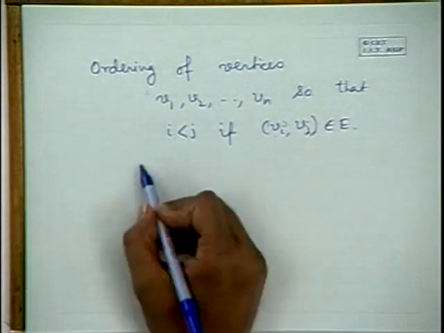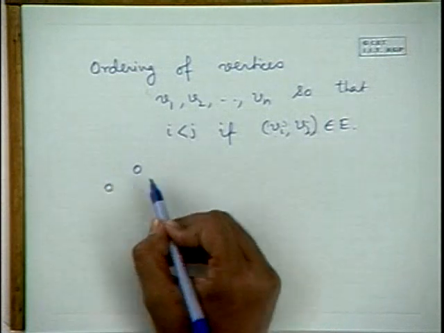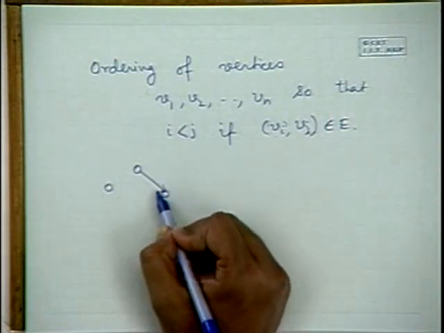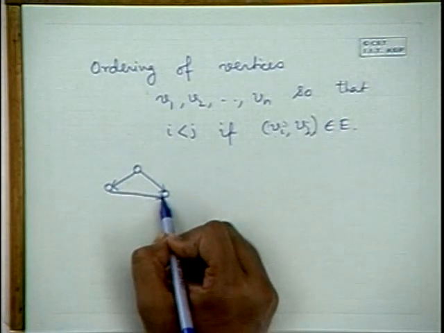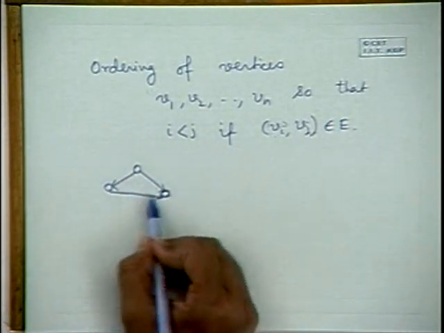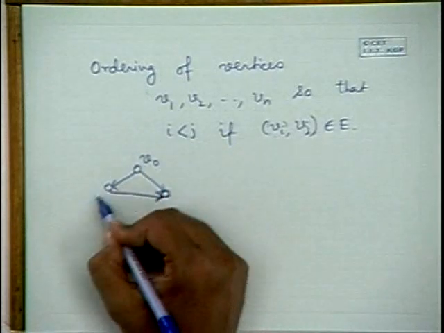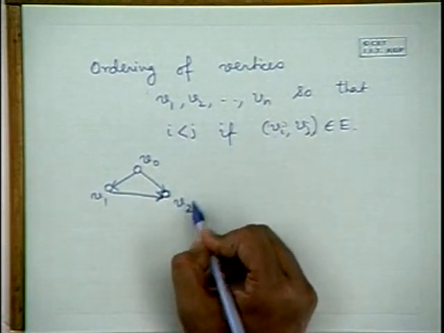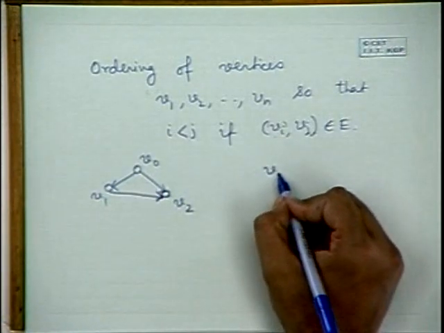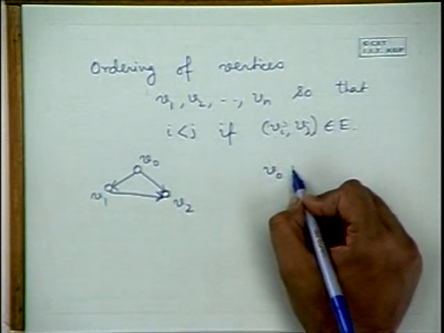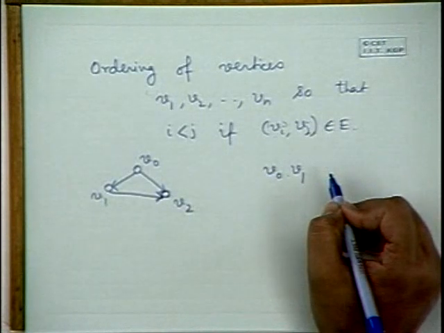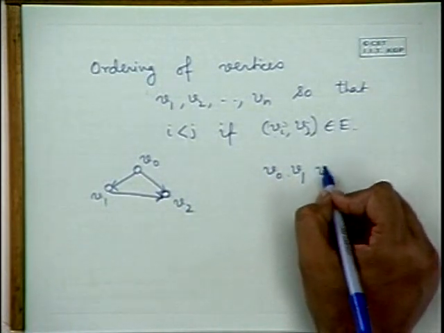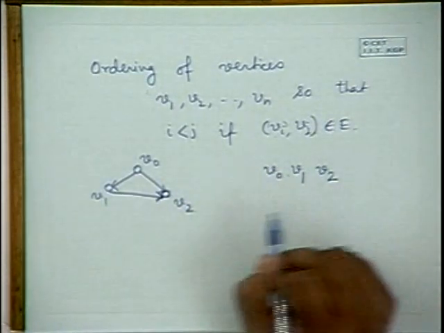So let me take one graph. Yes, this is fine. So suppose I have V0, V1, V2. You can see V0, V1, V2 is a topological sort.